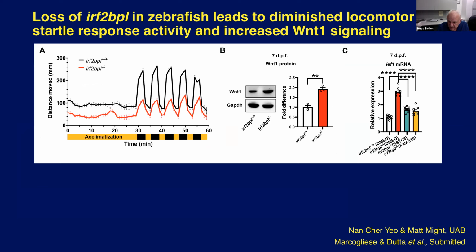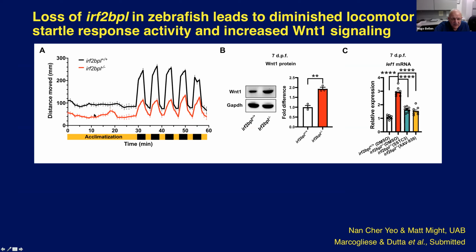So we then collaborated with Nancy Yeo and Matt Might at the University of Alabama, who made a zebrafish knockout for IRF2-BPL. I should say that in zebrafish there are 4 homologs. So in flies there's 1, in human there's 3, in zebrafish there's 4 genes, and IRF2-BPL is 1 of 4. When they made a knockout, unlike in Drosophila, these fish are viable.